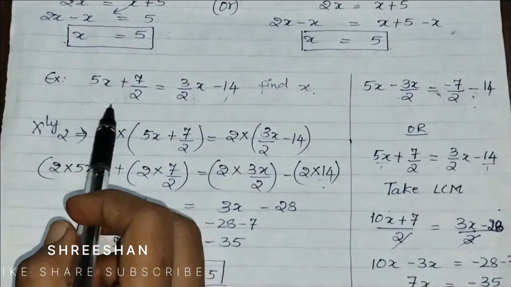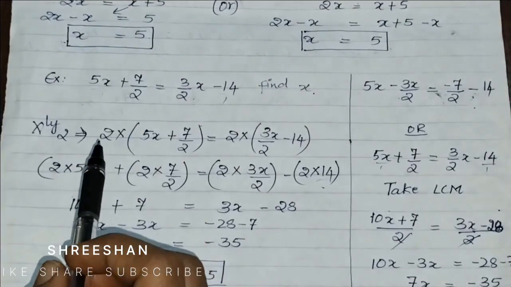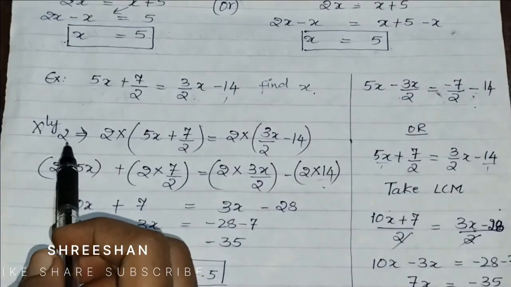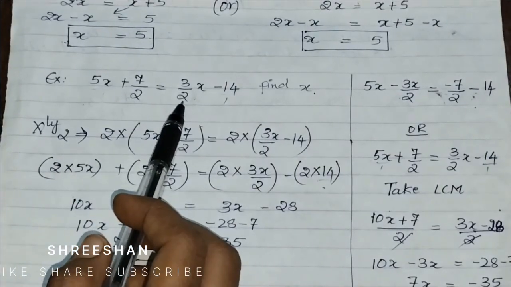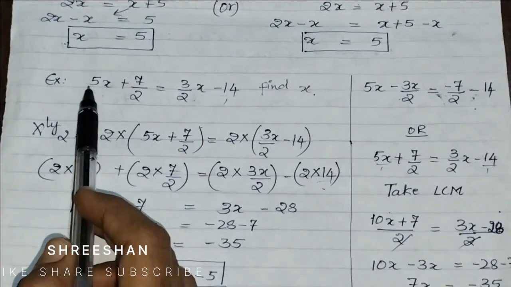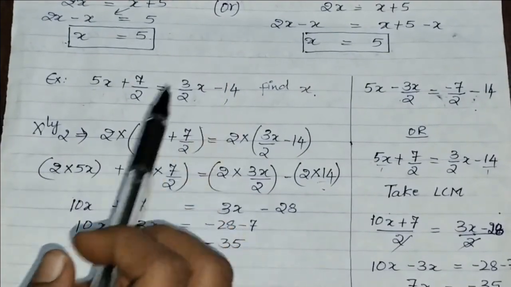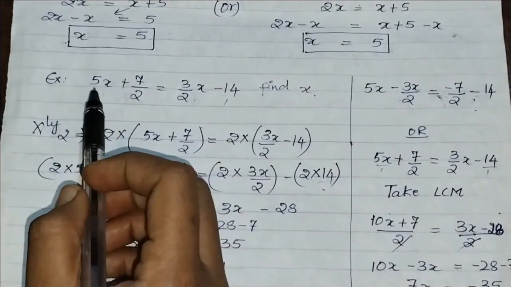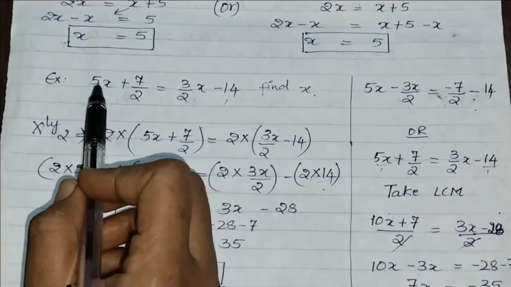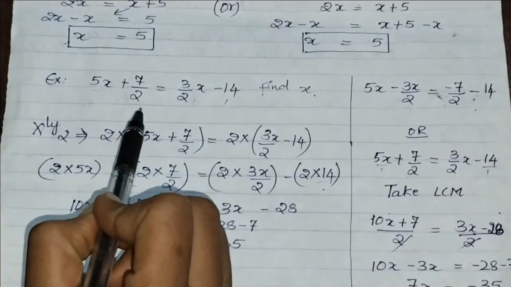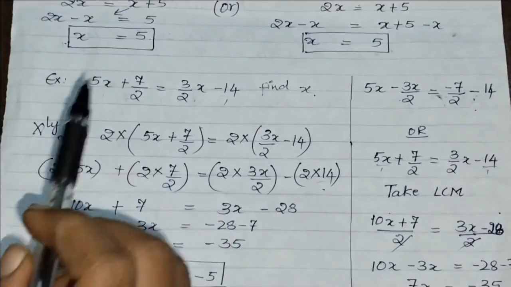By following the transposing method, look at this equation: 5x plus 7 by 2 equals 3x by 2 minus 14. You can just multiply by 2 here. Why are you multiplying by 2? If I simply multiply by 2, the 2 will get cancelled, so you can simplify this and solve it by a simple method.